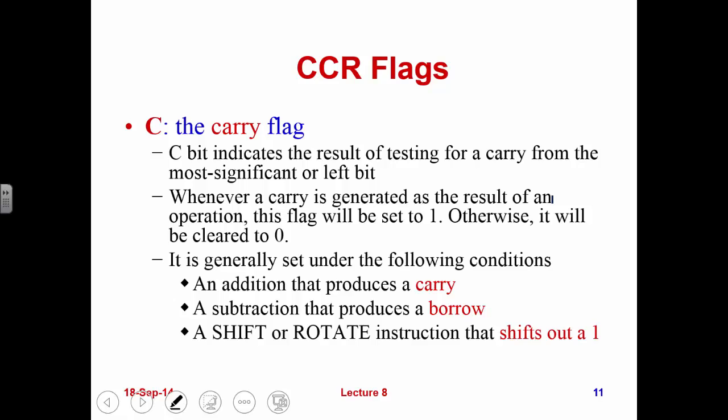In general, when we do addition, we may have a carry. When we do subtraction, we may have a borrow. No matter whether it's carry or borrow, if it happened, it will make C 1. So it will set the carry bit.